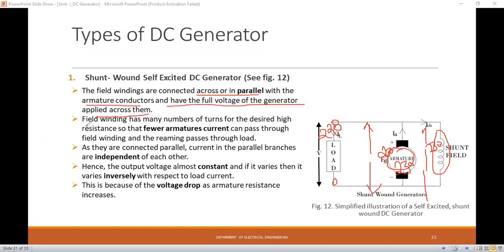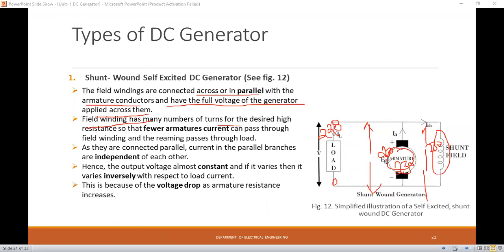Okay, now the field winding has many number of turns for the desired high resistance, so that less armature current can pass through the field winding and the remaining passes through the load. Shunt field winding जे आहे, it is having many number of turns.